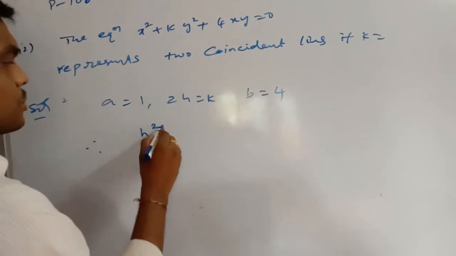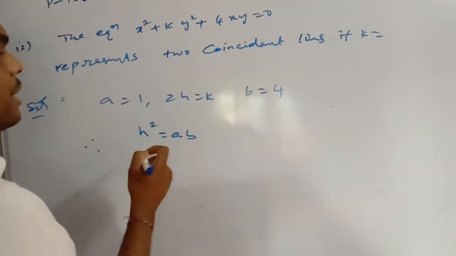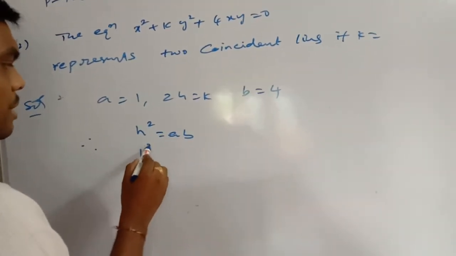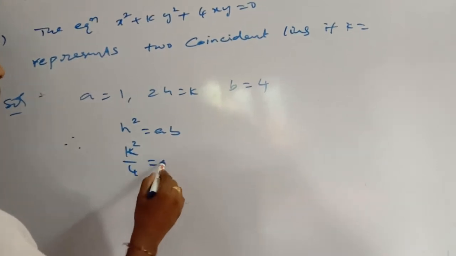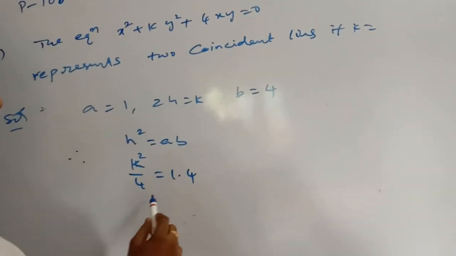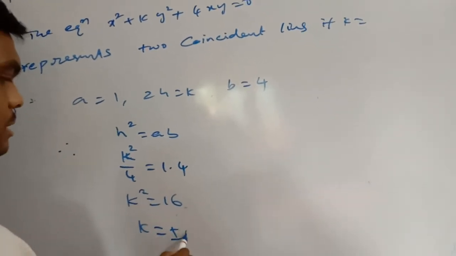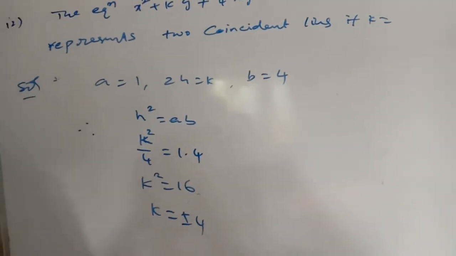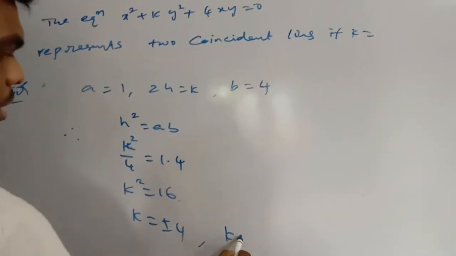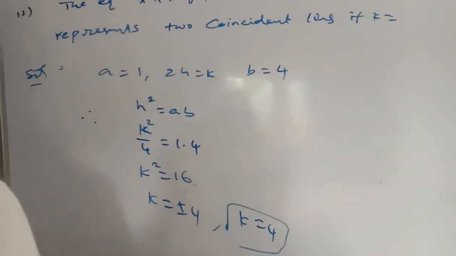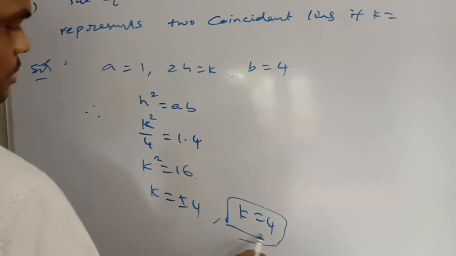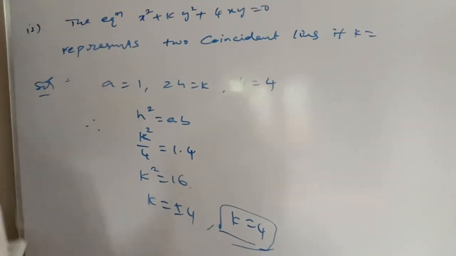Coincident lines means h square is equal to ab. Now here k square by 4 is equal to ab, 1 into 4, so k square is equal to 16, k is equal to plus or minus 4. Now here k is equal to 4. The option is the third one. This is k is equal to 4. The option is third.